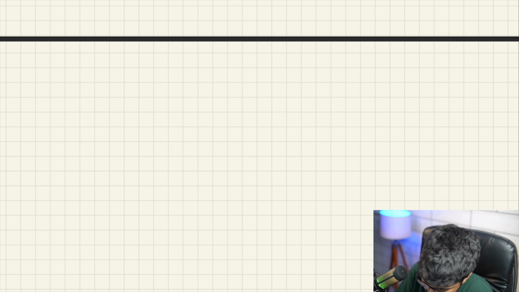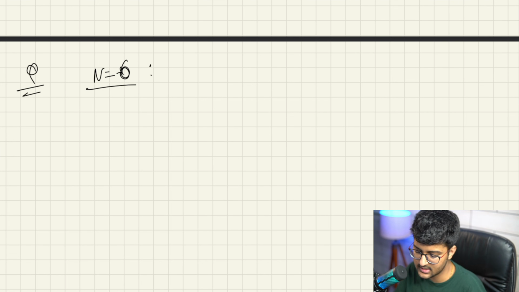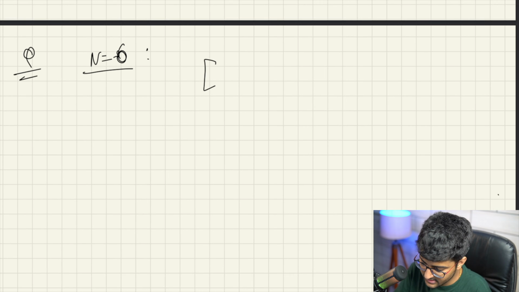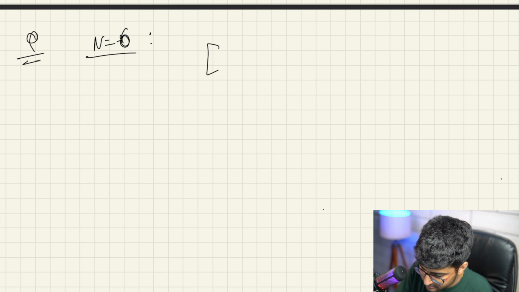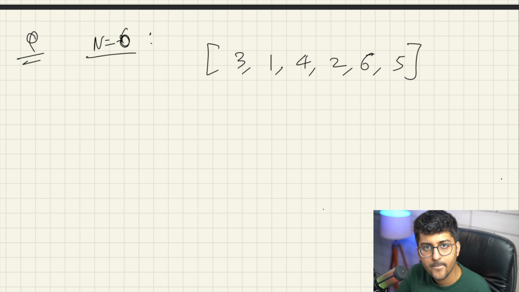Okay, so let's try to solve this question. Let's say you are given n is equal to 6, and it should contain all the numbers from 1 till 6. Something like 3, 1, 4, 2, 6, and 5. Let's say one number gets repeated.